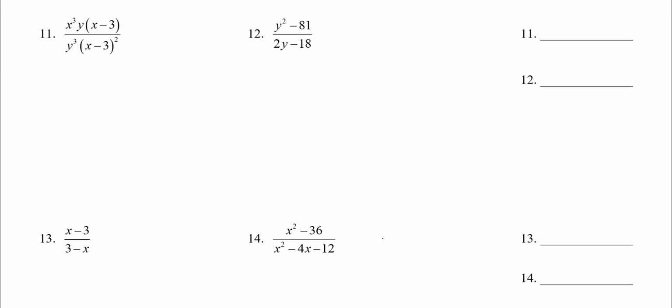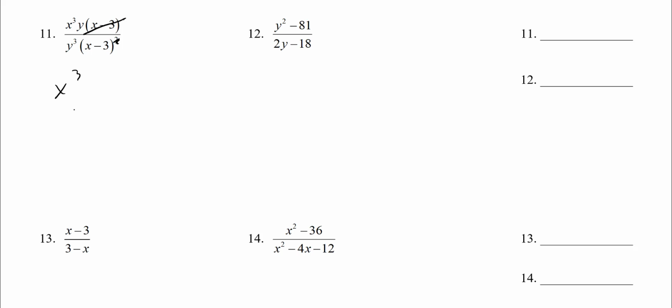A little more complicated, no big deal. Do you guys agree this is x minus 3 and this is x minus 3? It's like saying x over x squared. Well, the bottom wins for the x minus 3 by 1. So I'm going to cross this off, and that's just to the 1 power. So the x minus 3 is just left on the bottom. Then I do battle with the y's because there's no x to do battle.